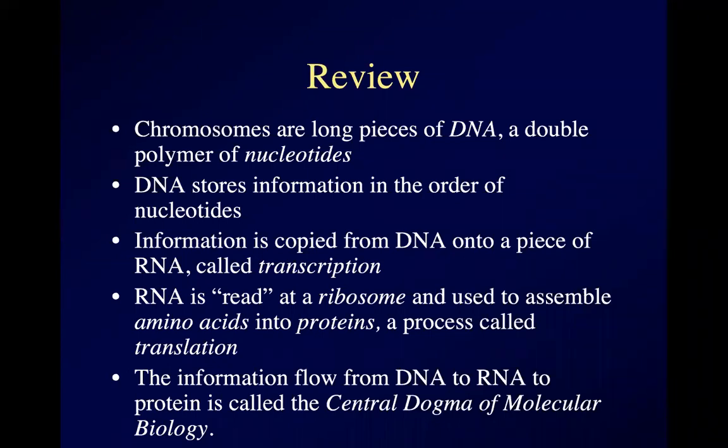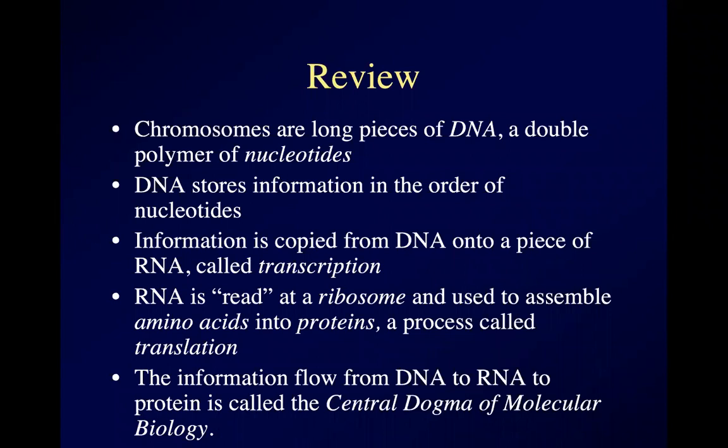RNA is read at one of many, many thousands of tiny structures inside a cell called a ribosome. And the information carried by that RNA is used to assemble amino acids into the right order into proteins, and that's a process called translation.